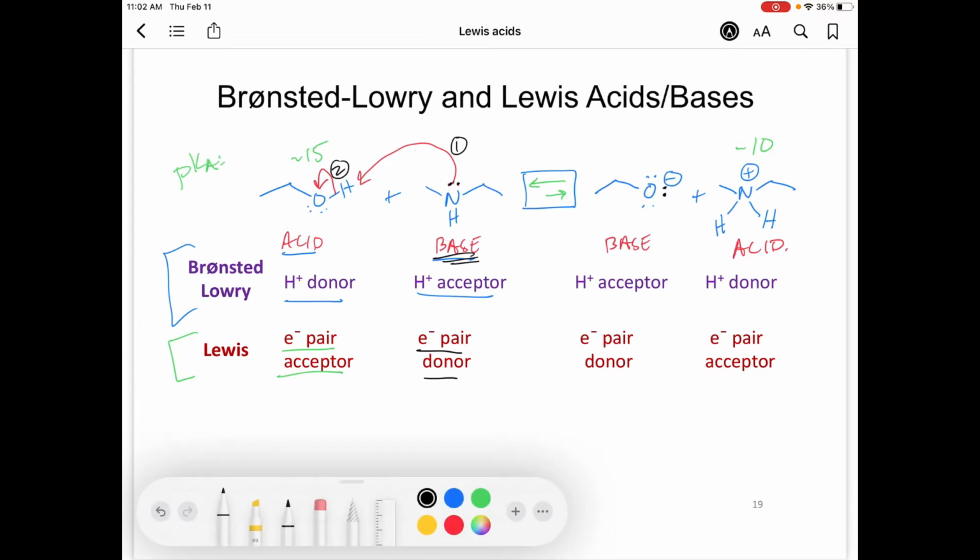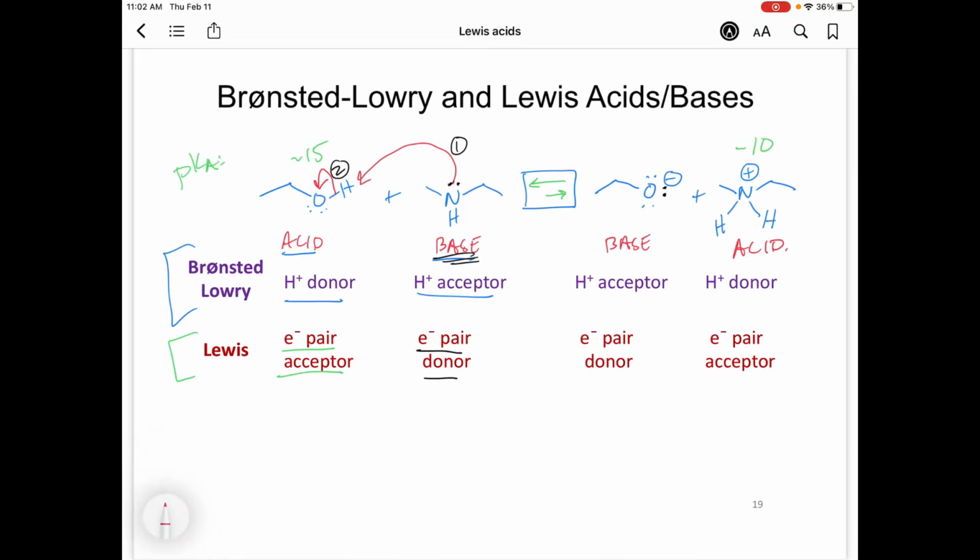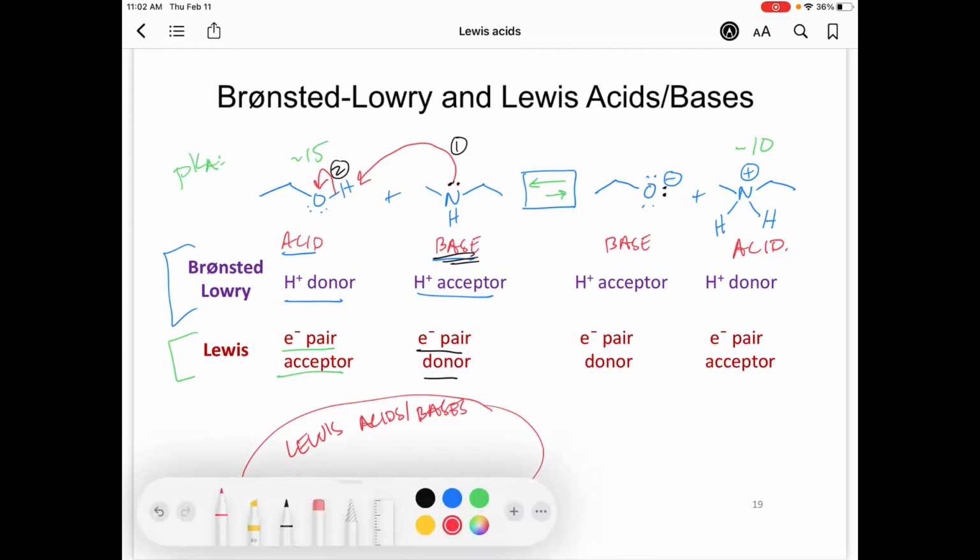It's more specific. So if I were to draw a landscape around acids and bases, this large circle would be Lewis acids and bases that can be used to describe all of them.